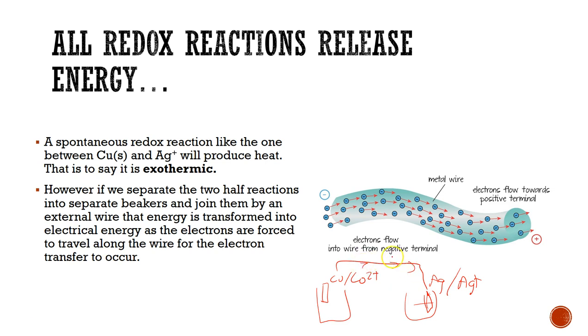When electrons travel along a wire, we get a flow of current. Our electrons always run from the anode to the cathode. If you remember any of your physics, your anode is negative in a battery and your cathode is positive. So we get a transformation into electrical energy as we force these electrons along the wire for the redox reaction to occur.